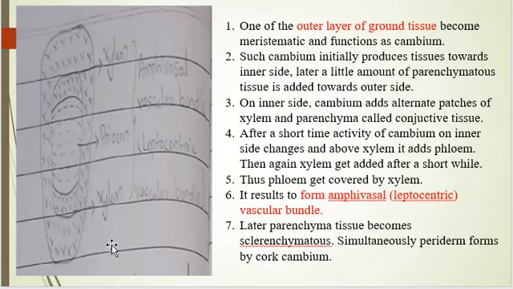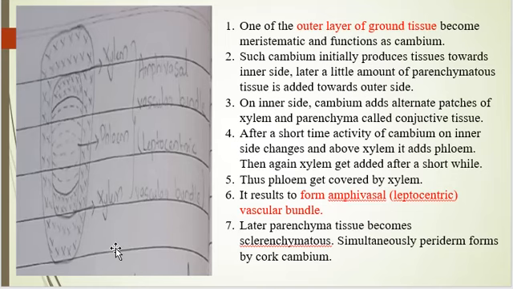Then in these cells, the amphivasal vascular bundles are developed. That means a vascular bundle with phloem at the center surrounded by this xylem structure. At this position, this vascular bundle is called amphivasal or leptocentric vascular bundle.